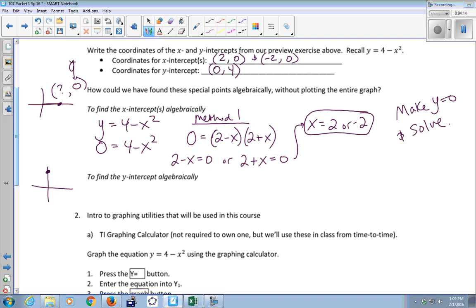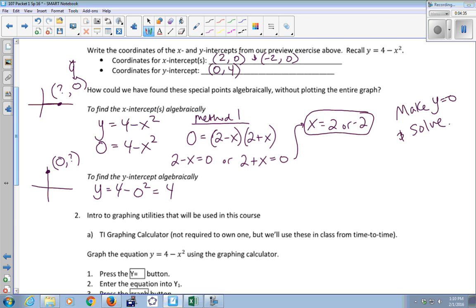Okay. To find a y-intercept algebraically, picture a point on the y-axis. We're looking for some point on the y-axis. It's the y coordinate we don't know, but we know its x coordinate is 0. So to find the y-intercept, you make x 0. So we do 4 minus 0 squared, which is 4.